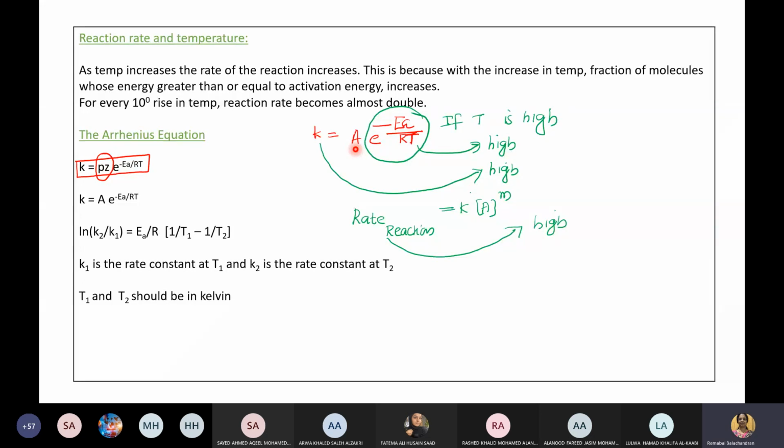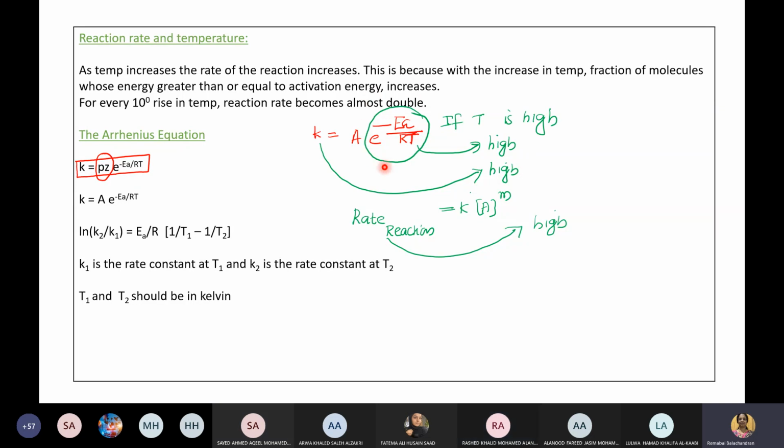What did I tell? I told you 15 students have marks greater than or equal to 90. So how many students will get an A grade? 15, all of them. In the same way, this is the number of molecules whose energy is greater than or equal to activation energy.